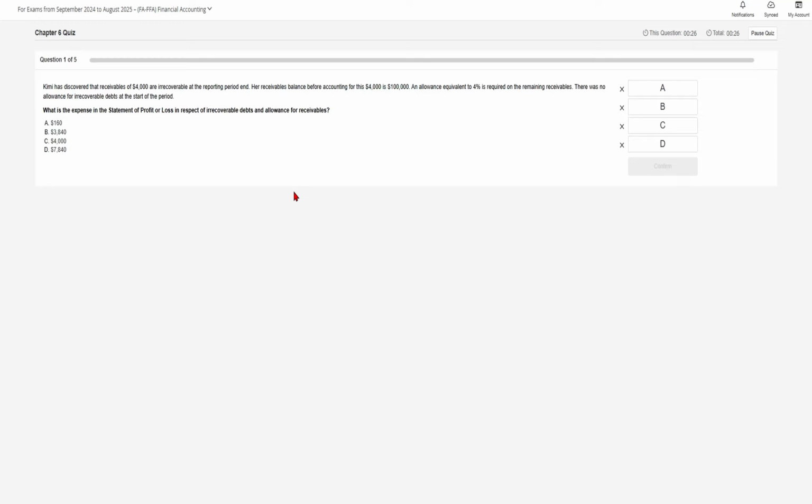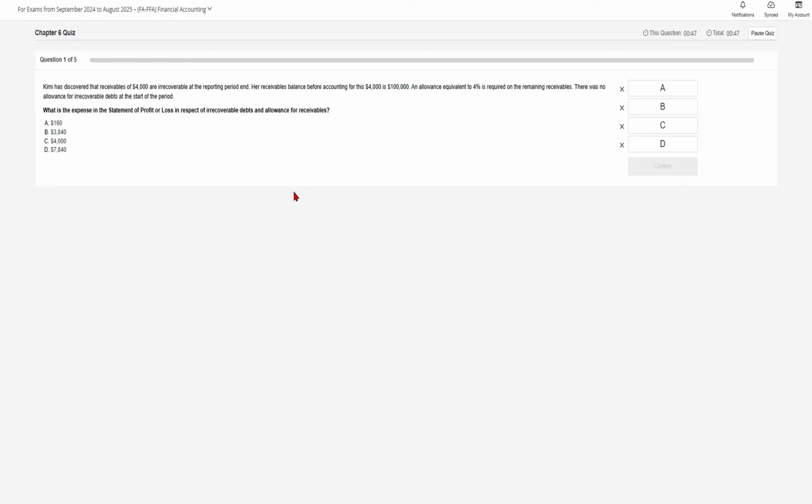An allowance equivalent to 4% is required on the remaining receivable. There was no allowance for irrecoverable debt at the start of the period, meaning our opening balance for the allowance is 0. What is the expense in the P&L in respect of irrecoverable debt and allowance for receivables?